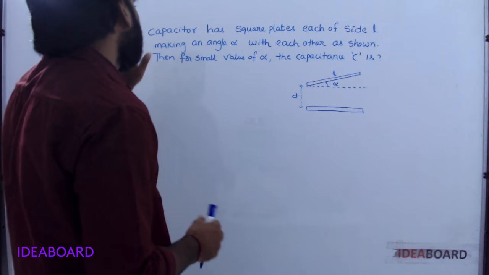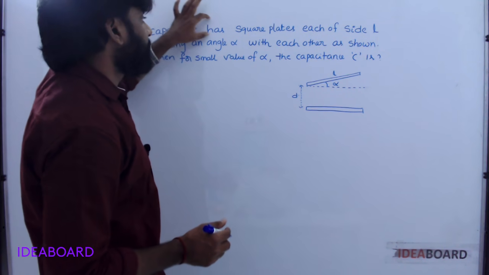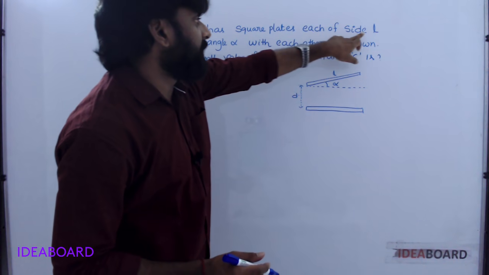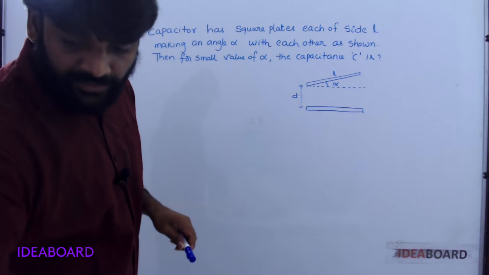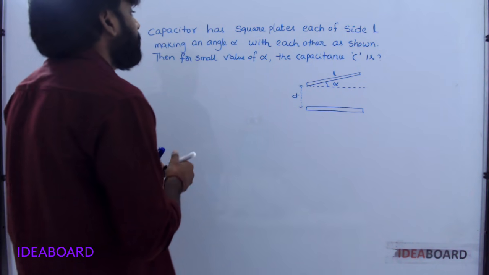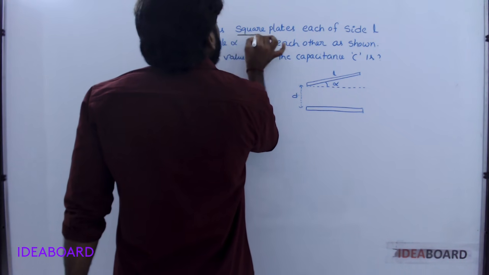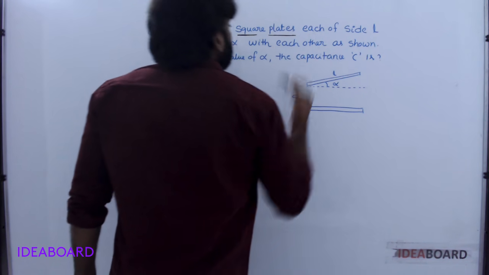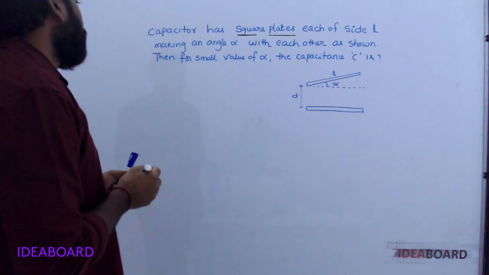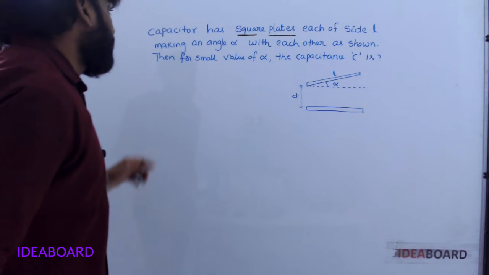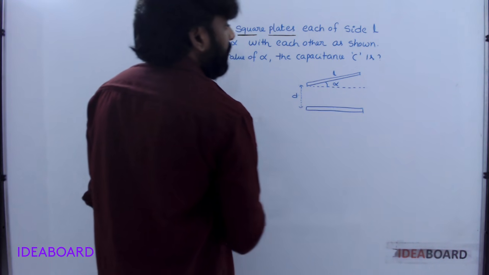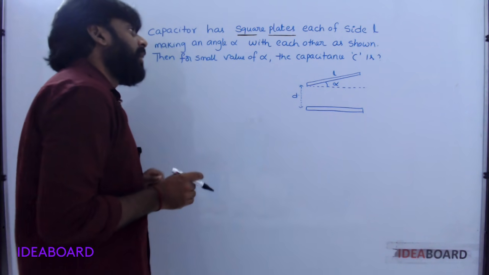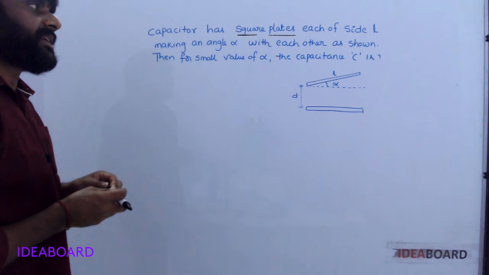See one problem. A capacitor has square plates, each of side L. Here the given capacitor has square plates making an angle alpha with each other. This is the alpha. Then for a small value of alpha, what is the capacitance C?